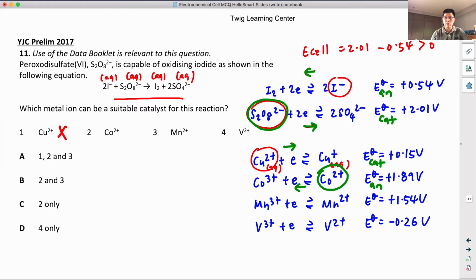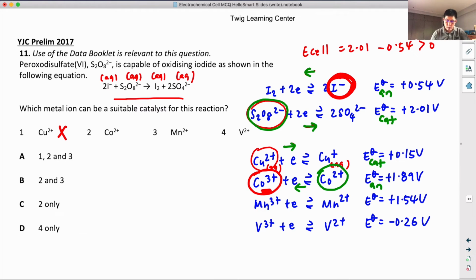And the E cell, you realize that it will be positive, so that can take place, right? And when that happens, you're going to get cobalt 3 plus, all right? The cobalt 3 plus that is formed is going to react further with I minus.